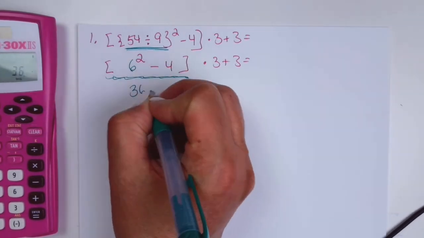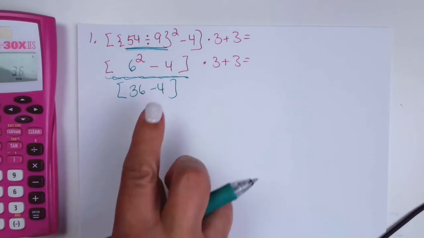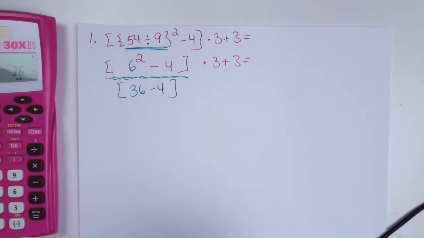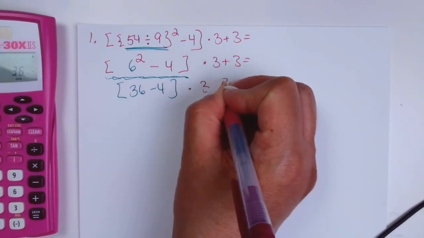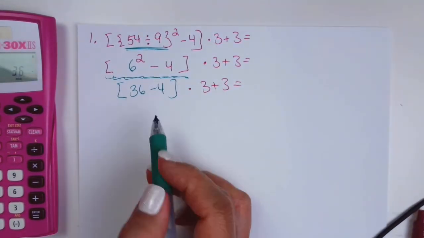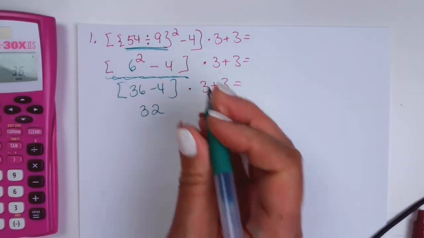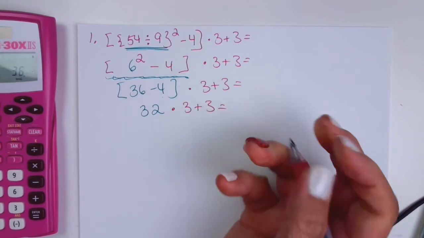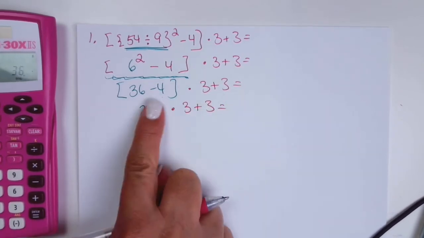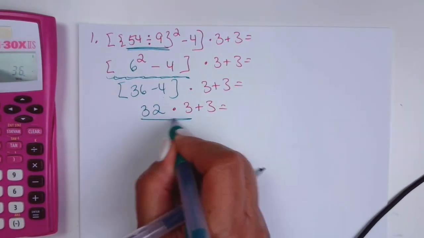So 36 minus 4, notice that I did not do this subtraction yet. I'm still keeping it because I don't want to make a mistake. I want to do this step by step. Well, 36 minus 4 is going to be 32 times 3 plus 3. Now, our next one is this multiplication here, 32 times 3.